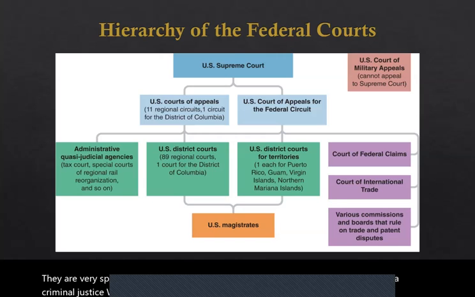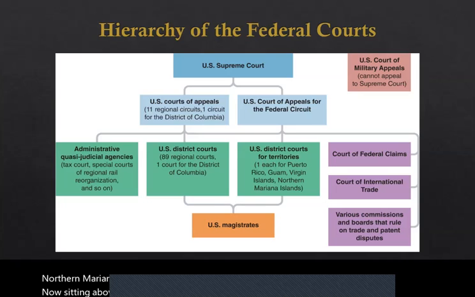Now, the U.S. district courts, so we have 89 regional courts, 1 court for the District of Columbia. We also have 1 court for each of the territories. So there's a U.S. District Court for Puerto Rico, Guam, Virgin Islands, and Northern Mariana Islands. Now, sitting above them in an appellate capacity is the U.S. Court of Appeals.